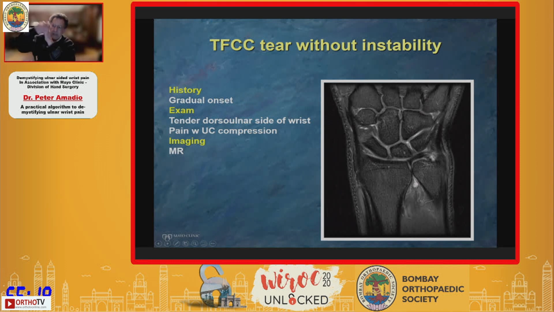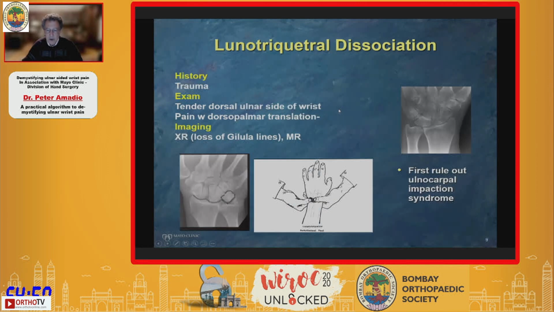You can compress the carpus against the ulna, and you can translate, I can't do it very easily on my own wrist, the ulnar side of the carpus dorsally and palmarly on the distal ulna, and frequently with some compression that'll cause pain. It also causes pain with ulnocarpal impaction. And then imaging, MR is usually good for triangular fibrocartilage, just like other soft tissue.